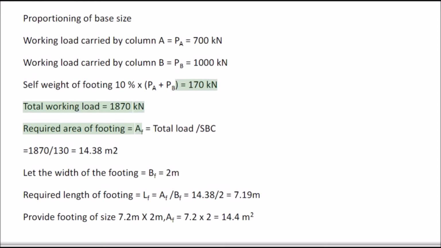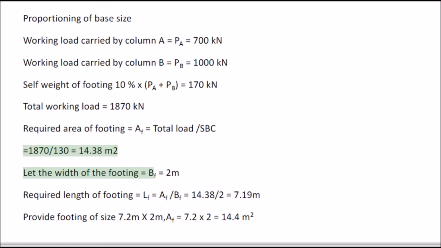Total working load equals 1870 kN. Required area of footing equals AF equals total load by SBC equals 1870/130 equals 14.38 square meters.